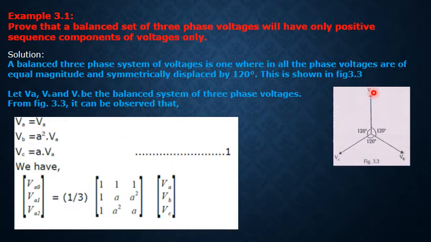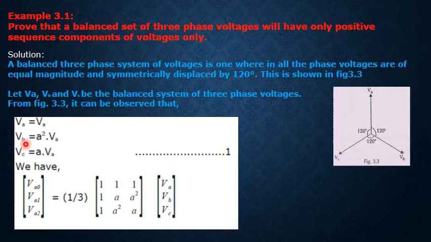So let us consider VA as the reference vector. Then VA is equal to VA at an angle. What is the angle we are going to get? Obviously it is a reference, so it does not have any angle over here.